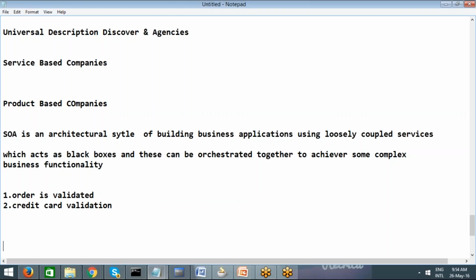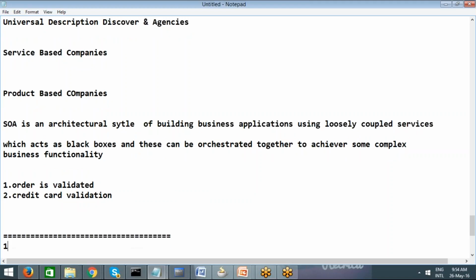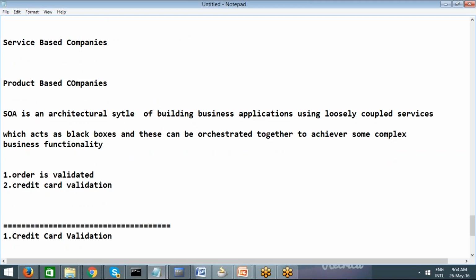So what I do is, first I try to change my business flow. I say first I will do the credit card validation. And I want only those people who own a valid credit card to be able to log in to my portal, or to explore my portal and place the order.